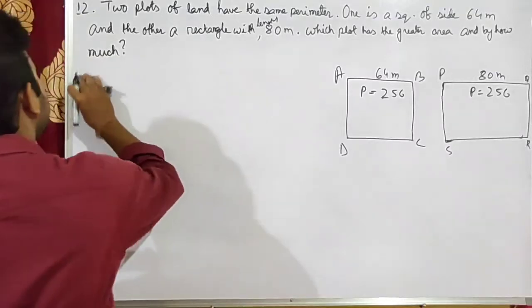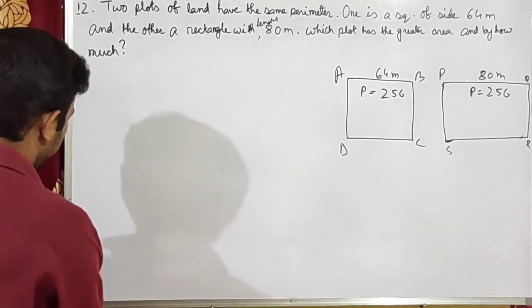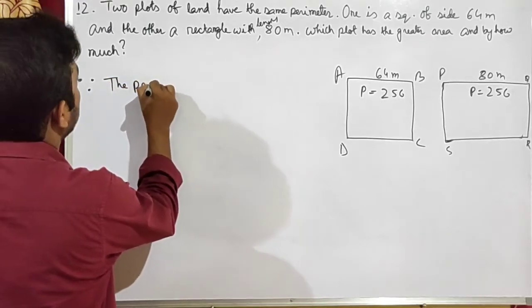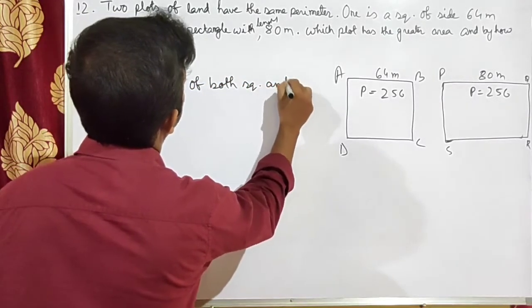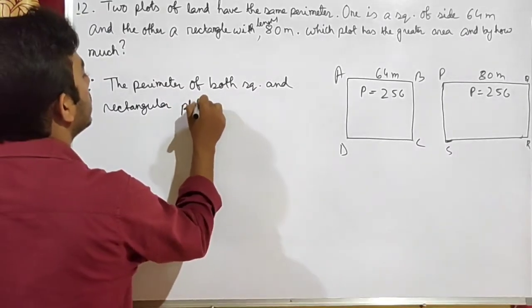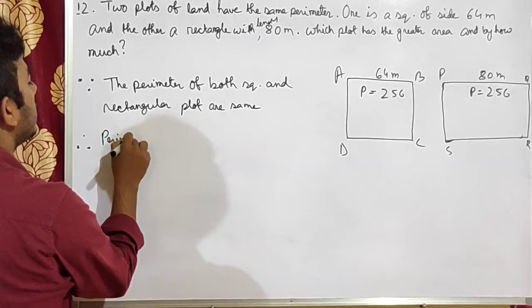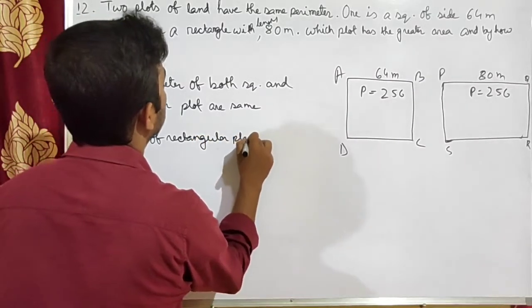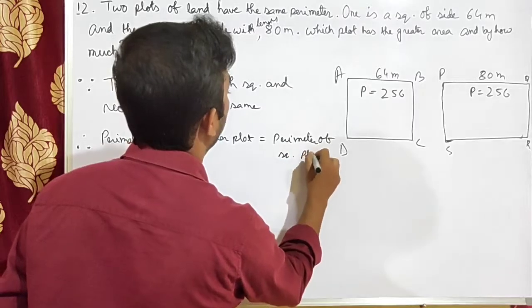We will write: since the perimeter of both square and rectangular plot are the same, therefore perimeter of rectangular plot equals perimeter of square plot. Up to this clear?